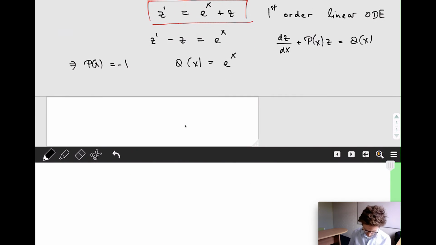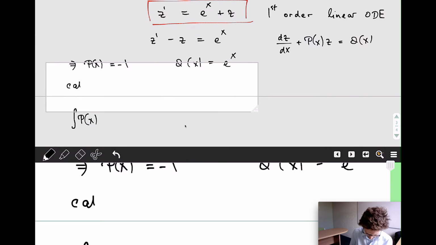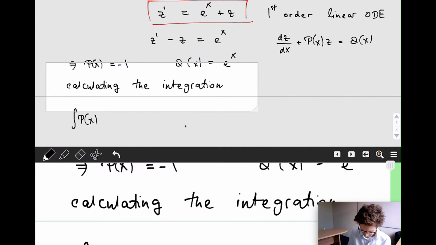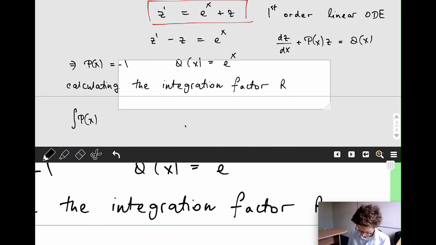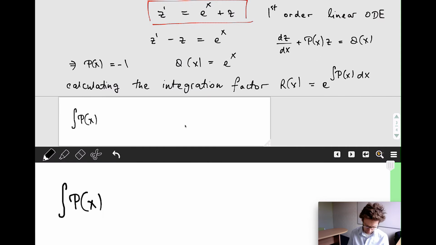Okay, so the first thing I'm going to do is integrate p of x. So let's just remind ourselves what we're doing. We're calculating the integrating factor R of x, which is equal to e to the integral of p of x dx, and we're going to use that to solve our differential equation.